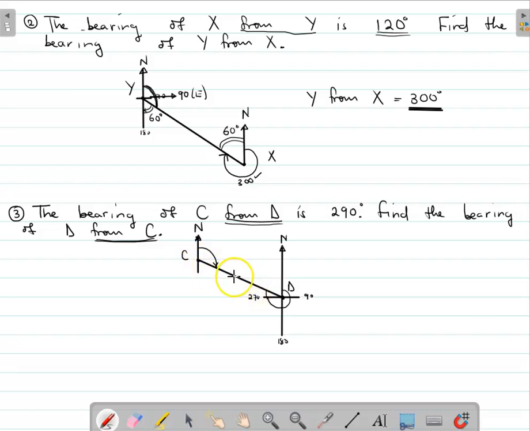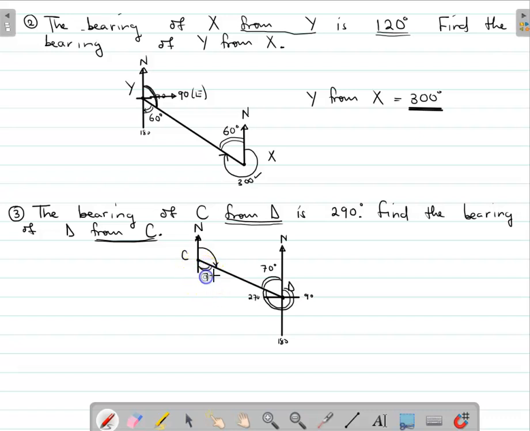Okay, so let's work out everything now. Remember, we said this is 290. If this is 290, what remains to make 360? Good. You found 70 degrees, so this is 70 degrees. If that is 70 degrees, this will also be 70 degrees. Why? Alternate angles.